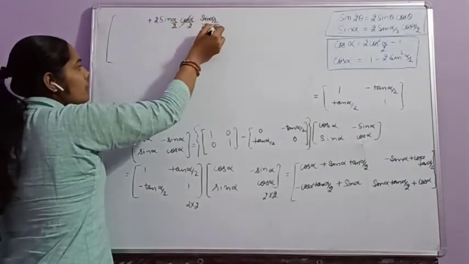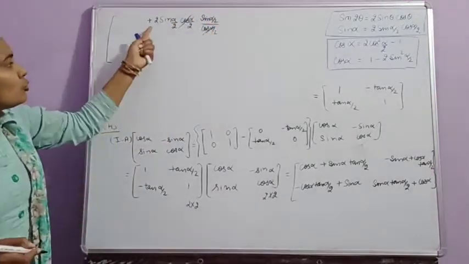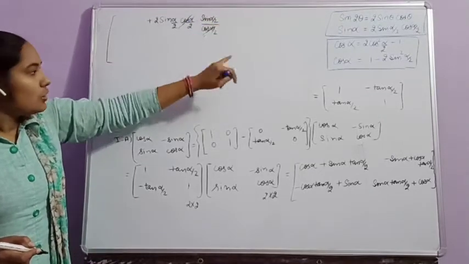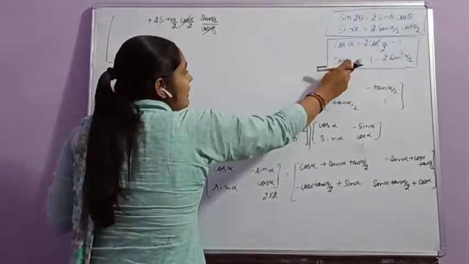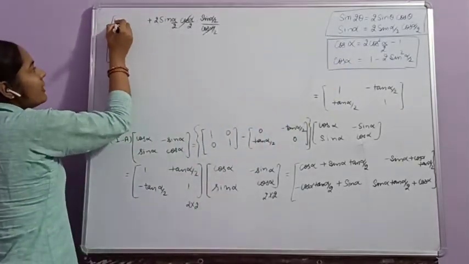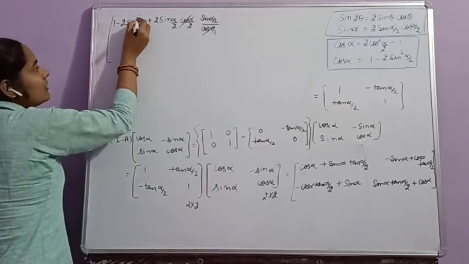Cos alpha by 2 cancels out, so we have 2 sin square alpha by 2. So we replace cos alpha in the form of sin, that is cos alpha is equal to 1 minus 2 sin square alpha by 2.